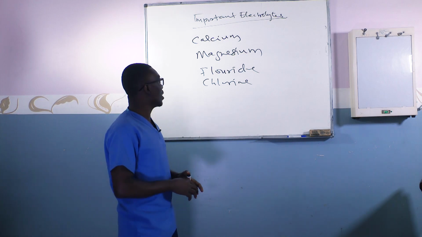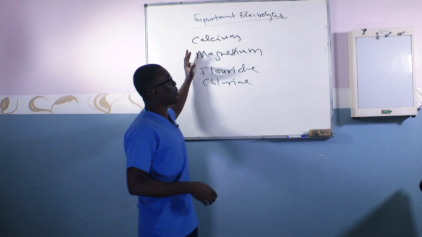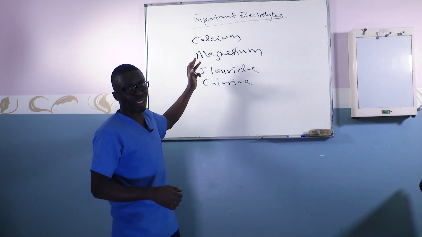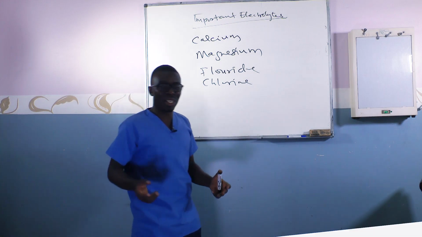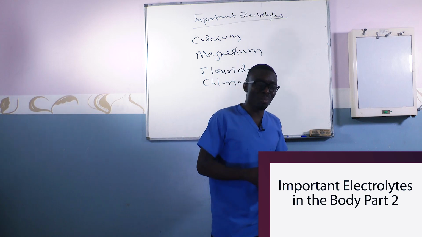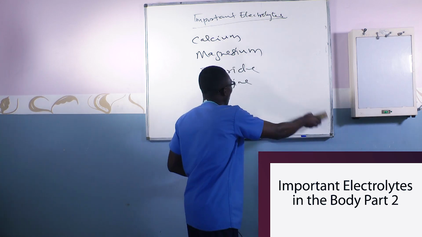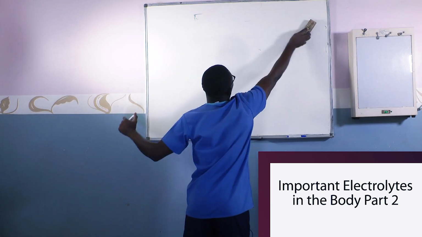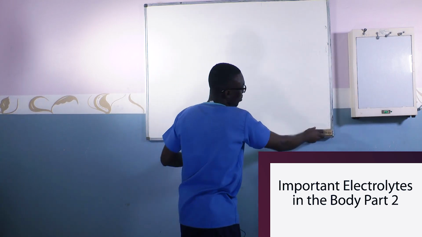So we will end the concept of fluid and electrolyte balance at this level. In summary, we've done fluid and electrolyte imbalance. In talking about it, we first talked about fluid, and in talking about fluid, we made mention of intracellular fluid and extracellular fluid, then we gave an explanation of them.